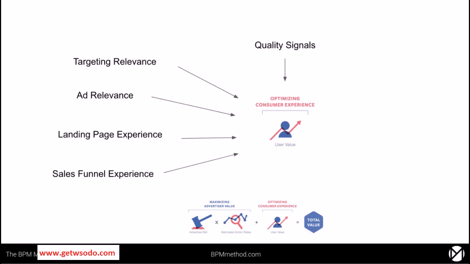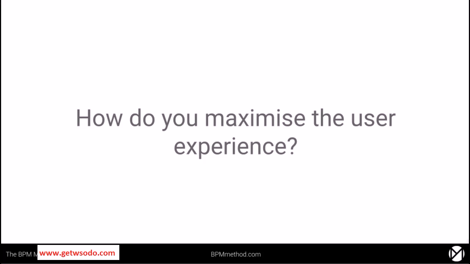Rather than telling you to go into your ad account, fire up 50 ad sets with 50 creatives and just throw it at the wall and see what happens, we use a structured approach because this brings us consistency and scale in a way that so many people can't achieve through Facebook. So I hope you're wondering how you maximize the user experience, because that's the next part of this training, to show you exactly how we set ourselves up.